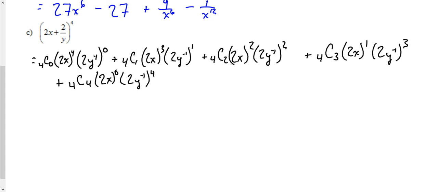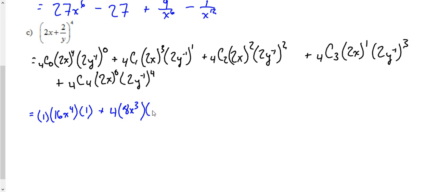Alright, my next line, let's start to clean up all our numbers. So this is going to be 1. 2 exponent 4 is 16, so that's 16x to the 4. This whole term here goes away as 1, so don't worry about it. We're going to add on to that 4. 2 cubed, of course, is just 8 now, so that's 8x cubed.